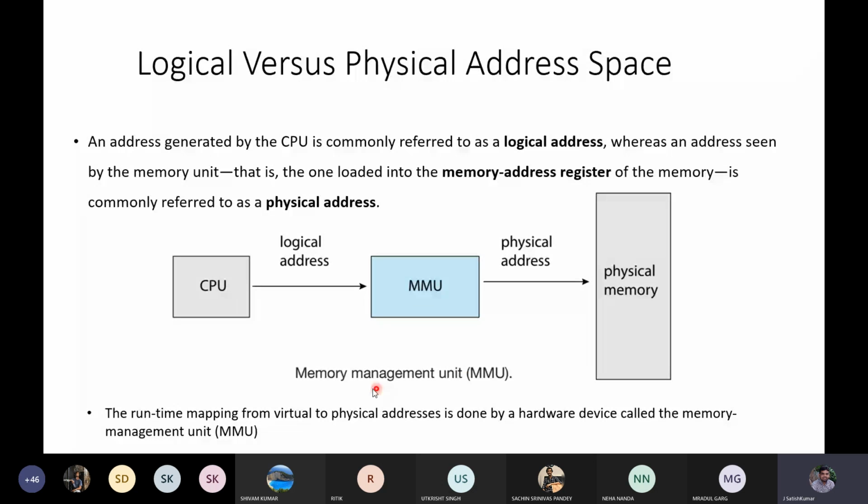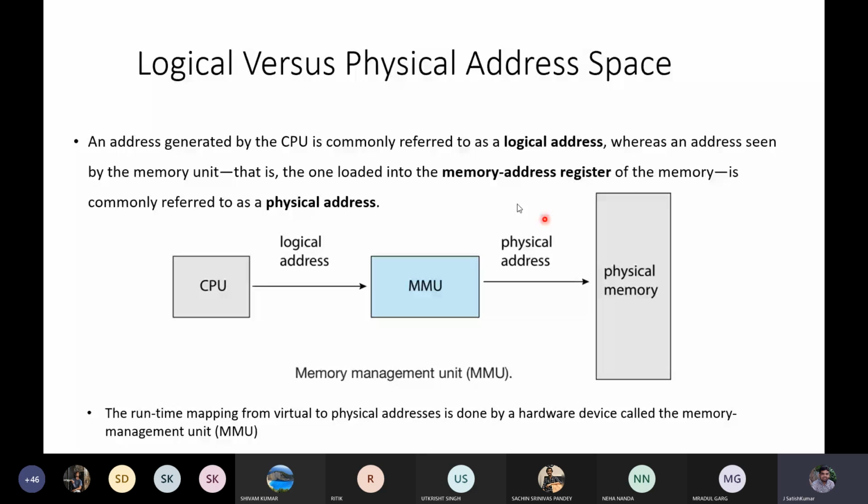Typically, the memory management unit works with two addresses, logical versus physical. Whatever address is generated by the CPU, we call a logical address. The memory management unit converts this logical address into a physical address, and it is stored in the physical memory.